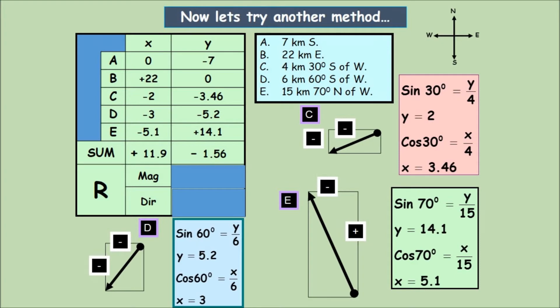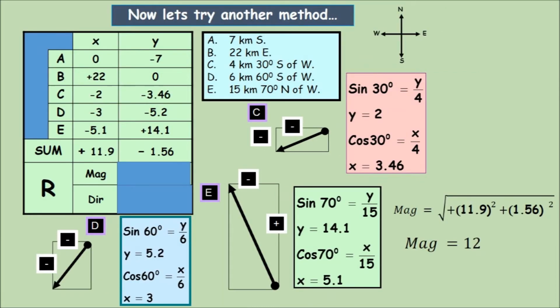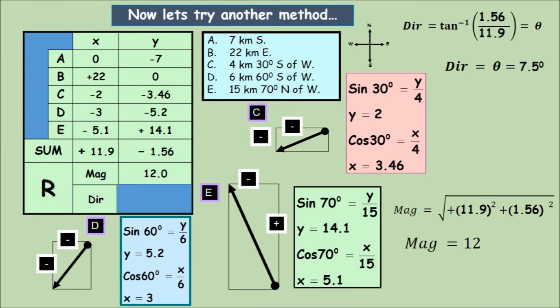Now the next thing I'm going to do is analyze the sums relative to the resultant, the magnitude, and the direction. I'm going to find that the magnitude is 12, based on the Pythagorean theorem, and the arctangent for the direction would be arctangent 1.56 over 11.9, which is 7.5 degrees.